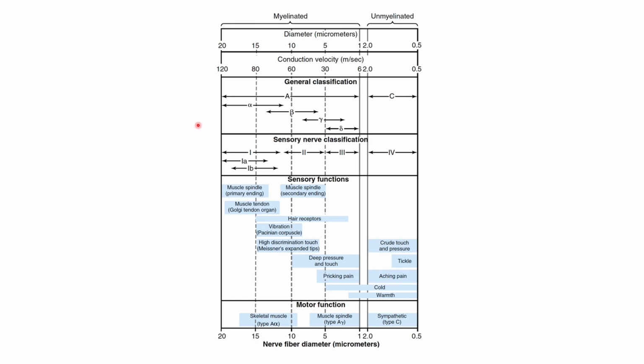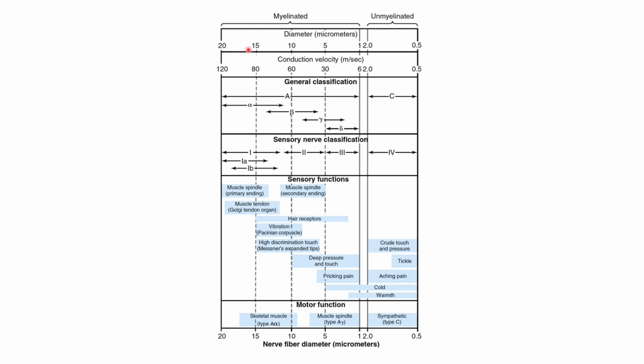And as you know from histology, neurons can be either myelinated or unmyelinated. They even differ in their diameter. We have a wide range of diameters between neurons, ranging from 0.5 micrometer to 20 micrometers.